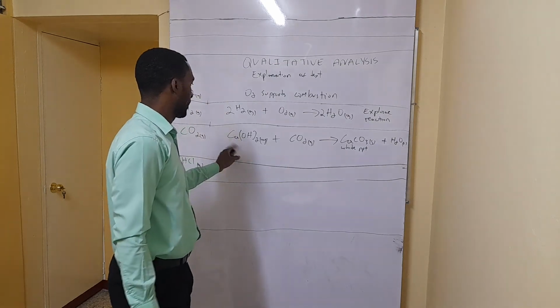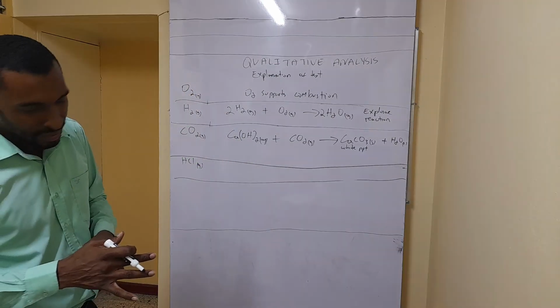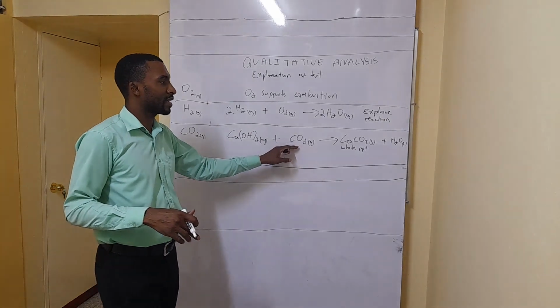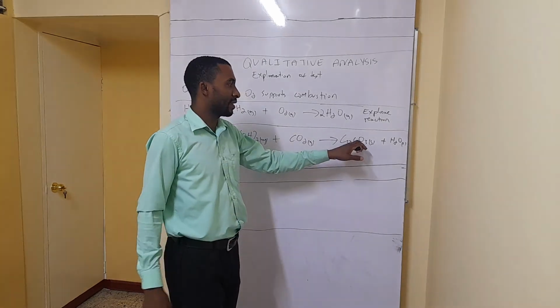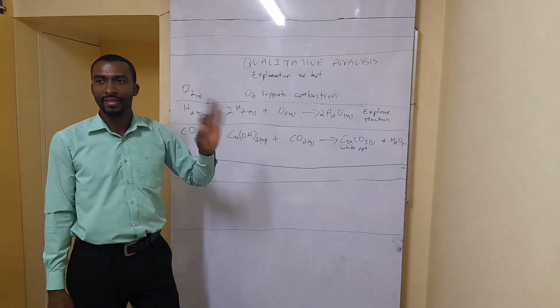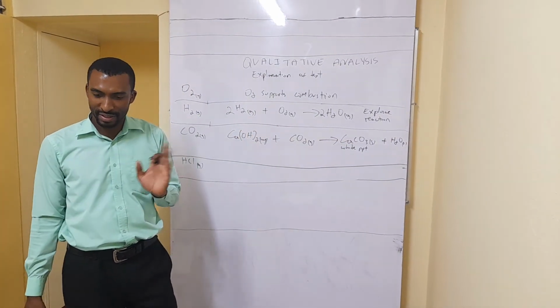If we continue to bubble the carbon dioxide in the solution, this precipitate can actually dissolve to form the hydrogen carbonate.